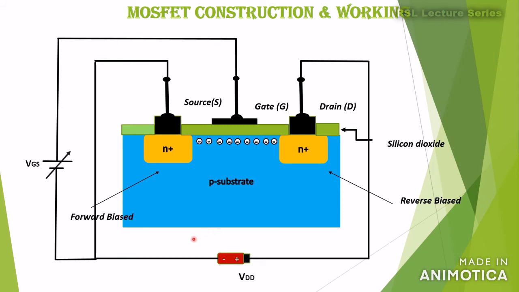As we have already discussed, the gate is not connected with the p-type substrate; in between them we have the silicon dioxide layer, so this will exhibit the property of capacitance. The electrons will get induced below the silicon dioxide layer. If we keep on increasing the gate source voltage, more and more electrons will get deposited below the silicon dioxide layer. This forms a channel.